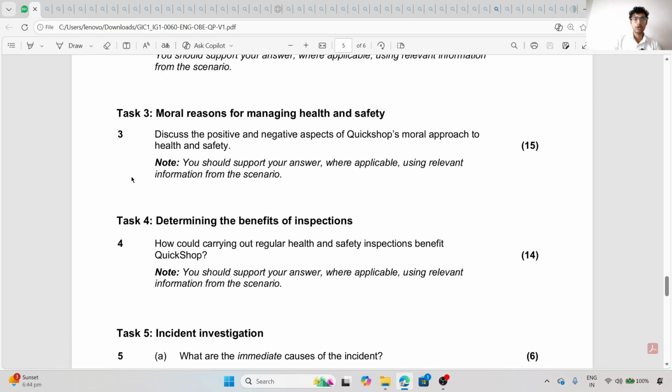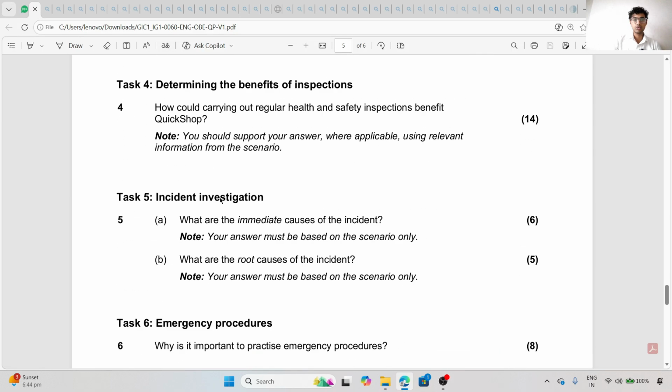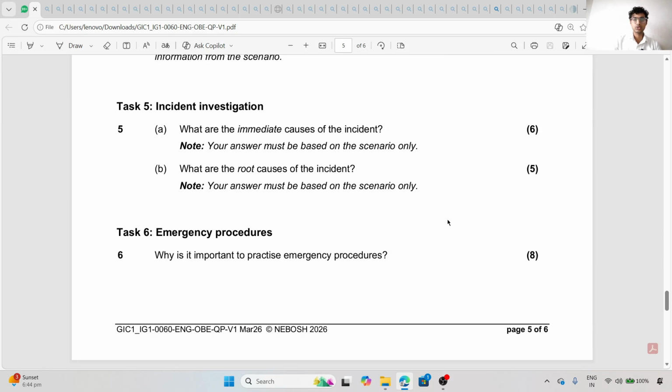Only for this it is not asked, so it is a general question. You can elaborate it in a very good way from the scenario also, along with the experiences and knowledge that you have. All the things that you have learned and understood, put how and why it is important.